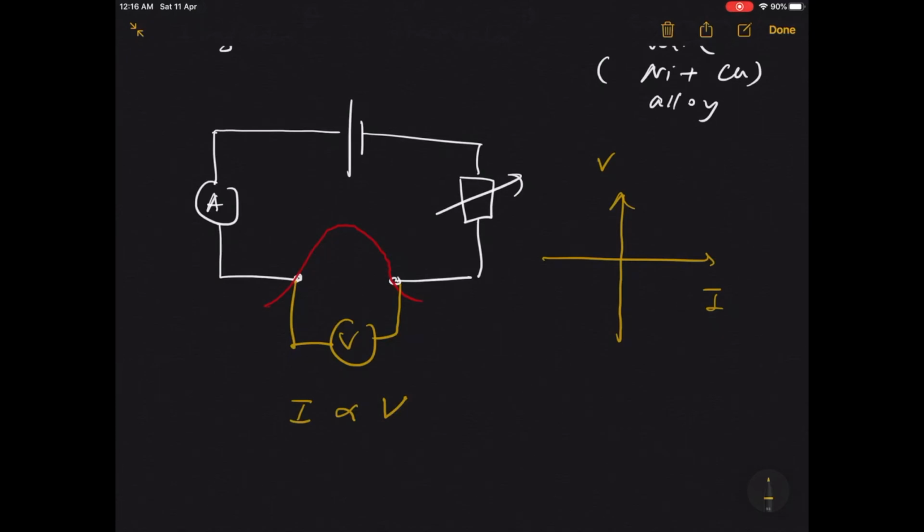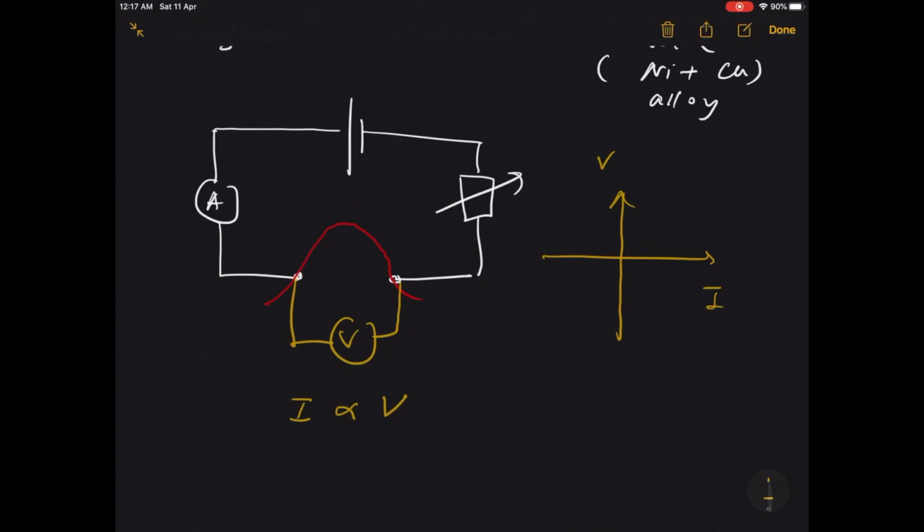So it looks like not many materials can obey Ohm's law. The only material I think that can obey is constantan, because the resistance won't change. Therefore, the gradient of the V versus I graph also must not change. So it should be a straight line. Yeah, this is called the ohmic conductor.